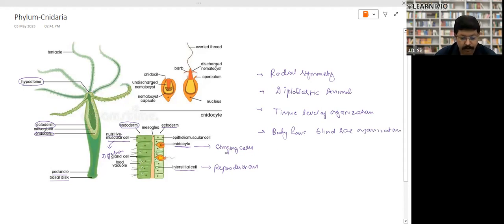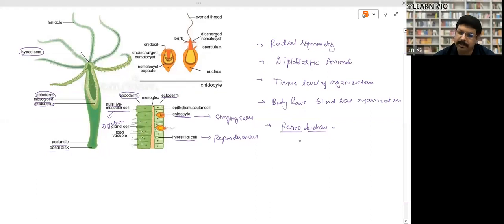So reproduction is asexual through budding. A small bud comes out, it gets detached and becomes a small new hydra, right? In asexual reproduction, it takes place through budding.